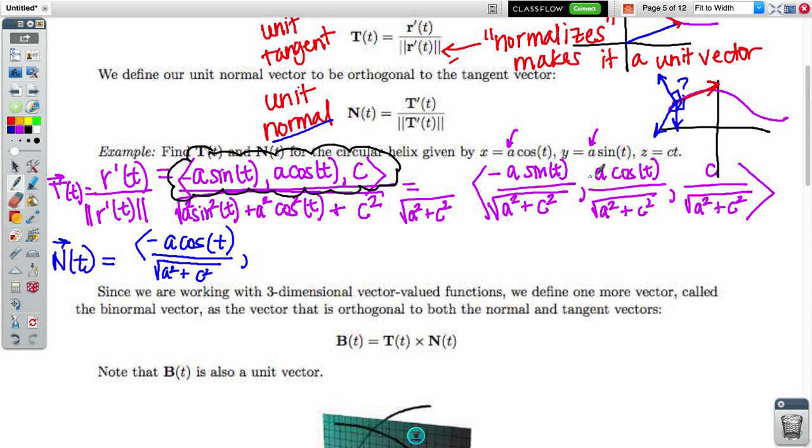And then differentiate the top component here, so that's going to be negative a sine of t, and leave the bottom alone because it's a constant, plus c squared. And then the nice thing is this entire third component is just a constant, so that goes away. Now, that's only this part of our formula. I have not divided by the magnitude of this entire thing.